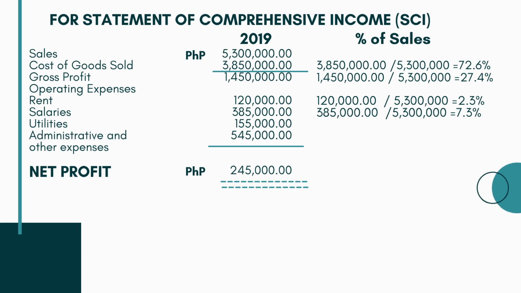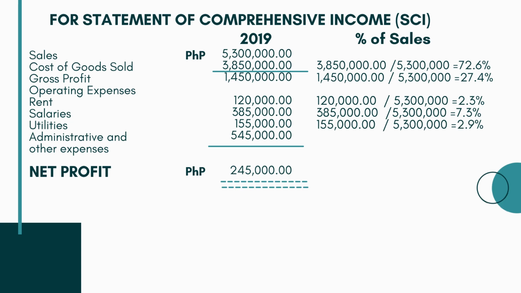In salaries, 385,000 divided by 5,300,000 equals 0.072 times 100 is equal to 7.3%. In utilities, 155,000 divided by 5,300,000 is equal to 0.029 times 100 is equal to 2.9%.